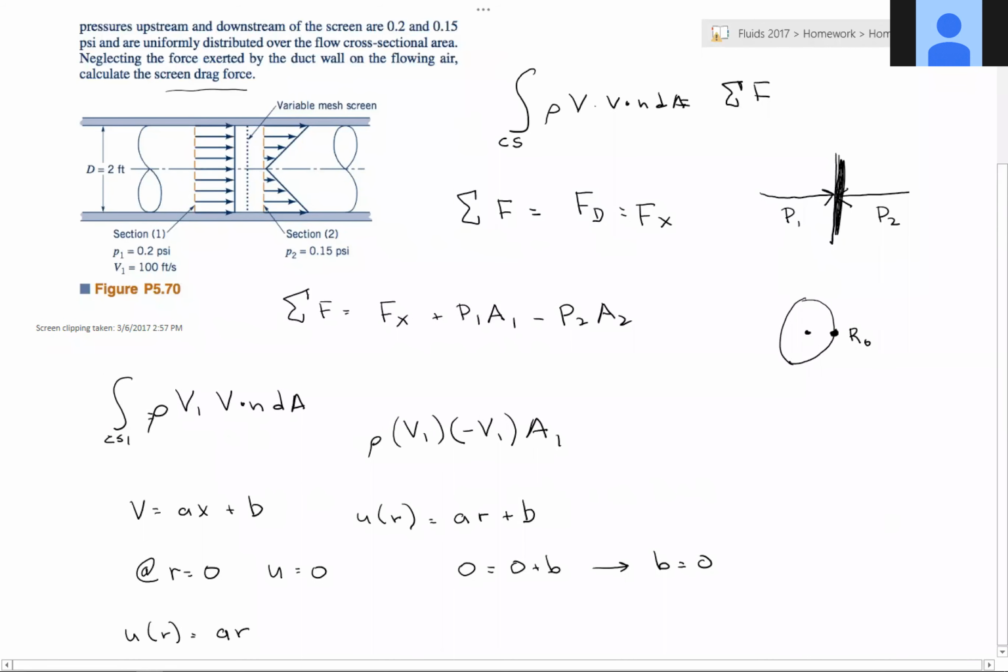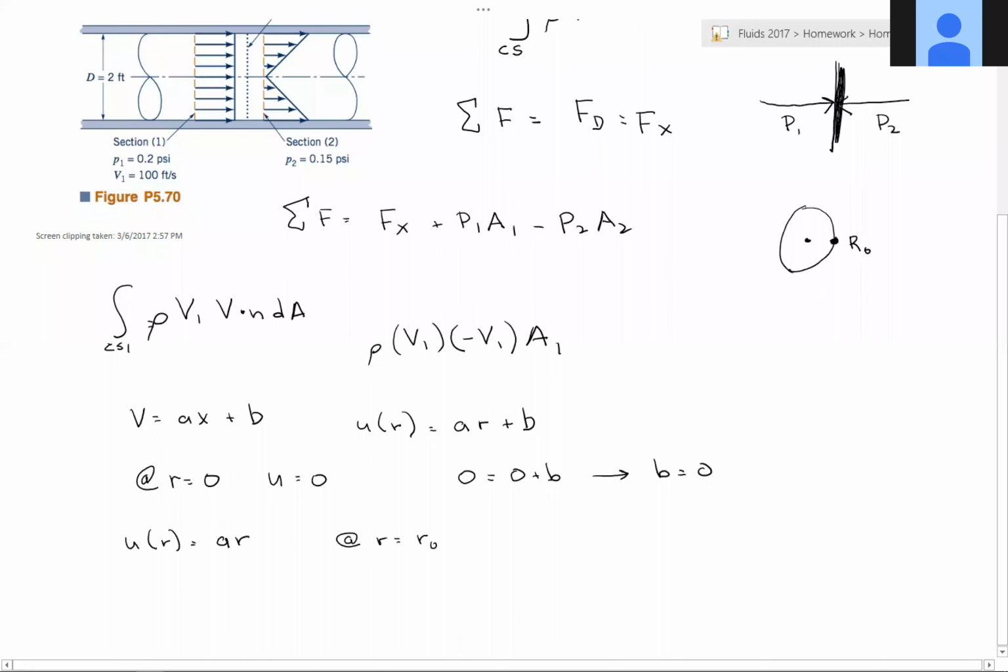So what do we know about the velocity? Where else would we look? And these are what are called boundary conditions, and we're going to be using them over and over again. Okay, so what can you tell me at R equals R0? What can you tell me about the velocity? It's not V1, even though it looks like it could be. It's actually not. It's the maximum velocity, and that's what we're going to say.